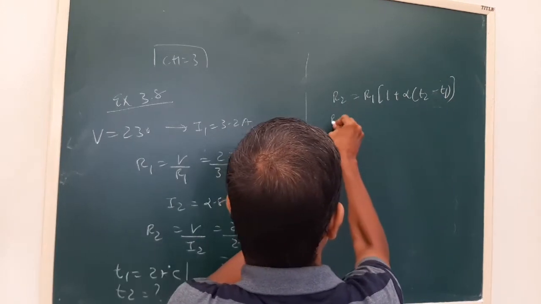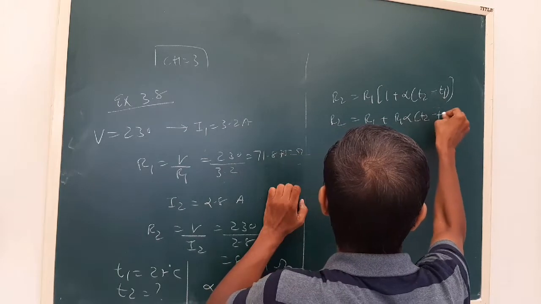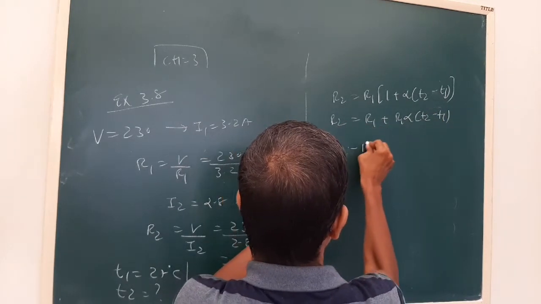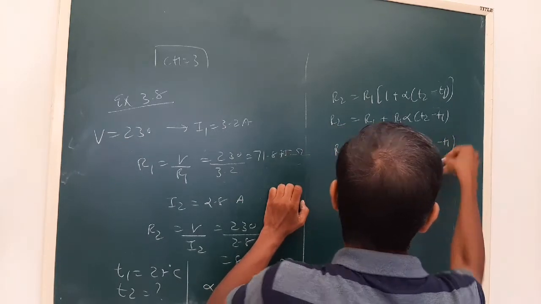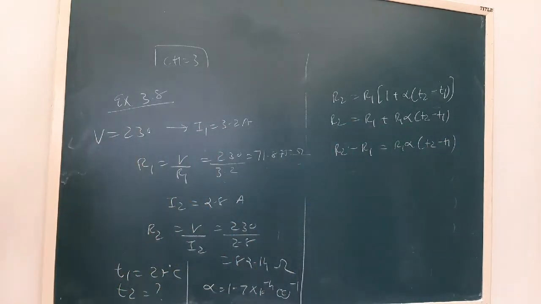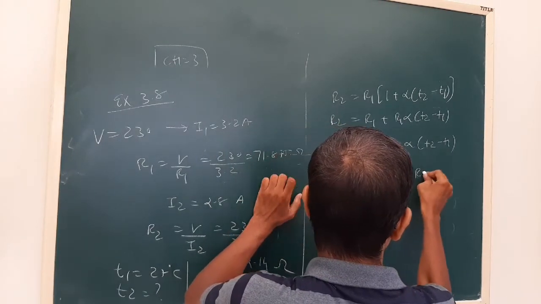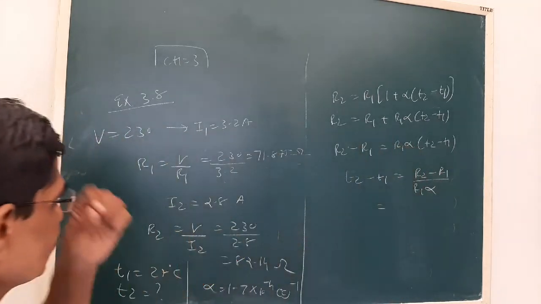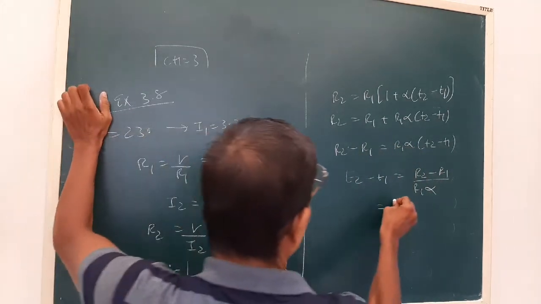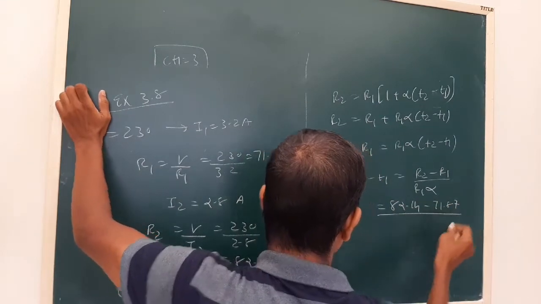So we simplify. That is R2 minus R1. Now we make T2 minus T1 the subject of the equation. Now we substitute the values, upon.